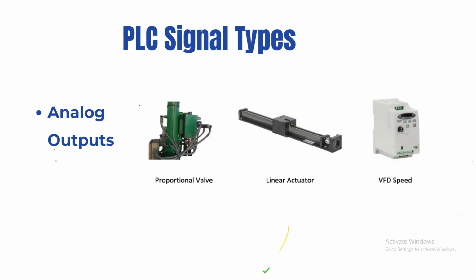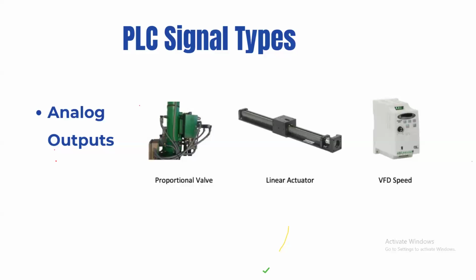I plan to do a short demo at the end, though I still don't know how I'm going to present that. But then you have proportional valves that can open 0%, 30%, 40%, 50%. You have linear actuators that can move from one position to another.